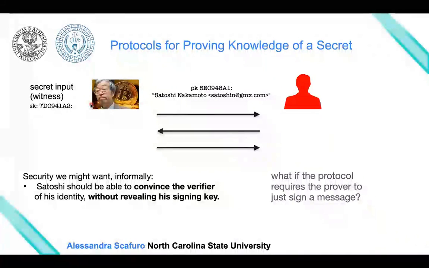Now, this is a great protocol to prove identity, right? However, this is a protocol that does leak something. If we give a signature to the verifier, we are leaking something, because before running the protocol, the verifier did not know anything.